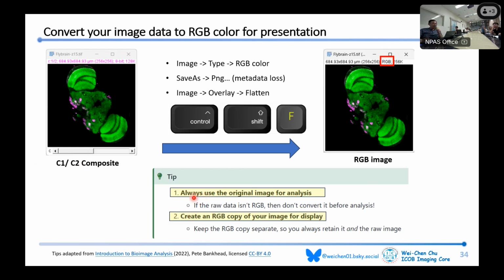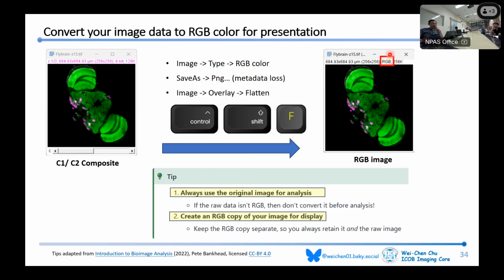So there are 3 ways to convert the raw data into RGB format. You can go to the image type and convert to RGB color, or you can save as PNG. PNG is always RGB mode, so if you save as PNG, it will convert to RGB automatically. But you will lose the metadata.